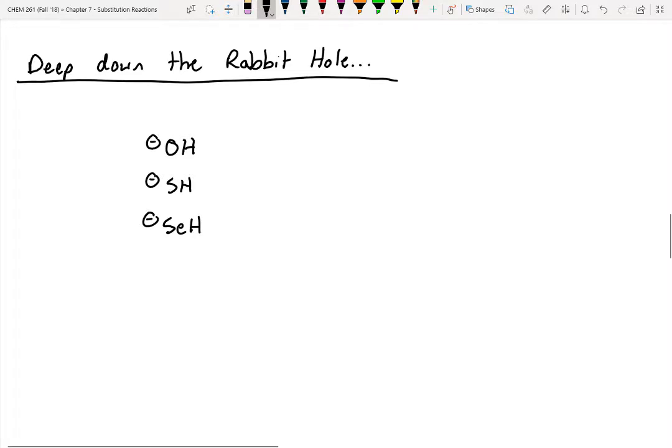All right, which is more basic? Hydroxide up top or the selenium compound down below? More basic. All right, let's back up. Which one's most stable, top or bottom? All right, so bottom's more stable.